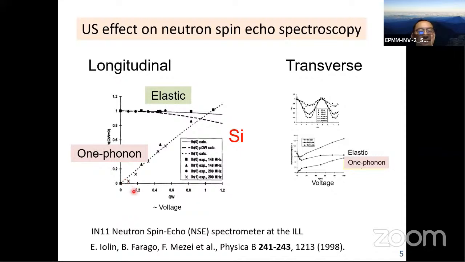So with increasing voltage of ultrasound, the number of phonons increases linearly. On the other hand, the elastic signal doesn't change so much. A similar result is also observed in the transverse mode case. So we can attribute ultrasound injection to phonon injection.